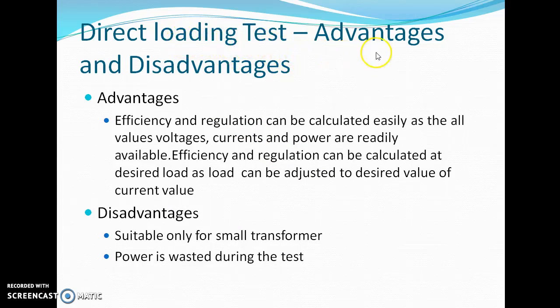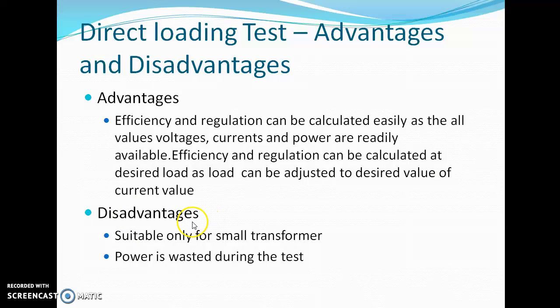So what are the advantages and disadvantages of this direct loading test? Efficiency and regulation can be calculated easily as all values of voltage and current are readily available. Efficiency and regulation can be calculated at desired load as the load can be adjusted to the desired value of current.